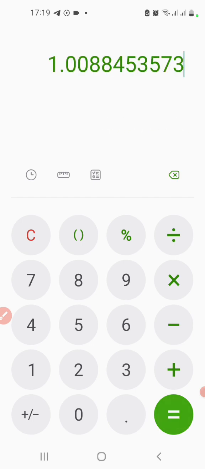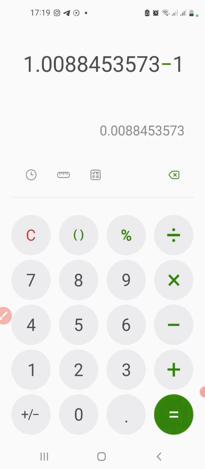Right here we have 0.8%, good. Then minus 1, so that is the percentage we have.